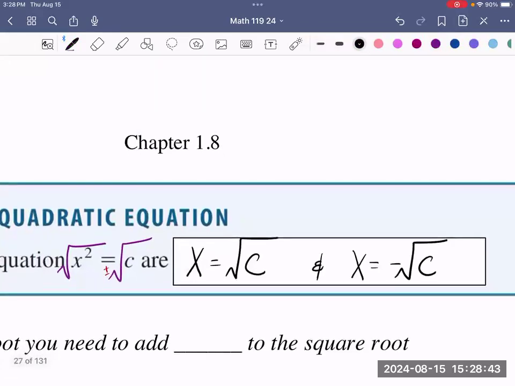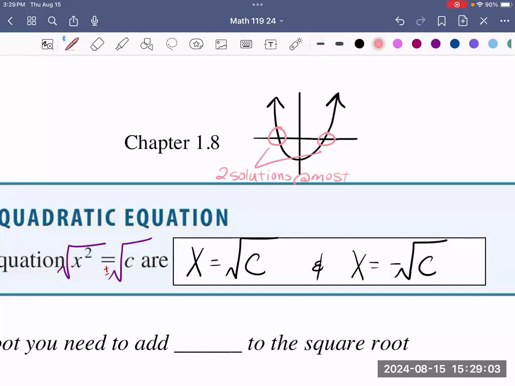The reason why is that your quadratic can have, not that it has always, but it can have two solutions. So you can have two solutions. Again, this is any sort of quadratic model.